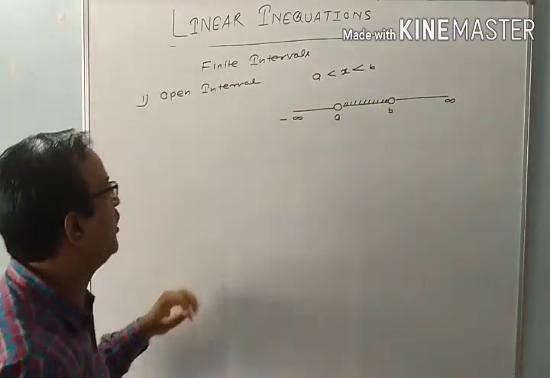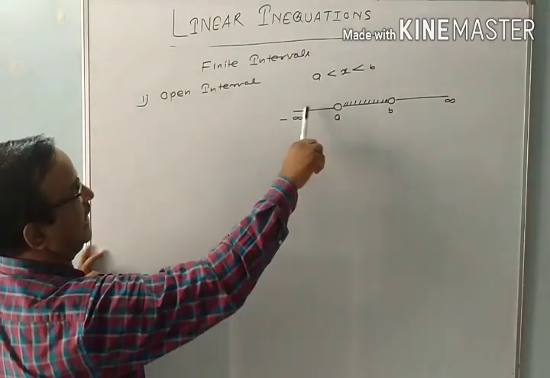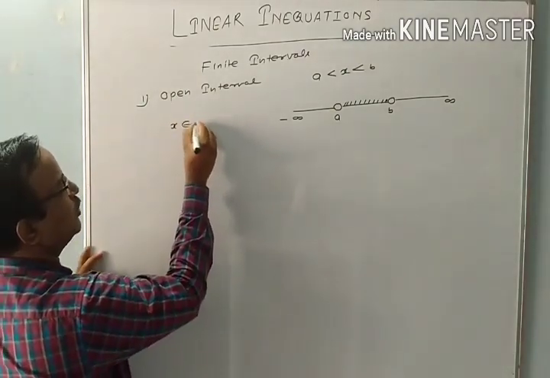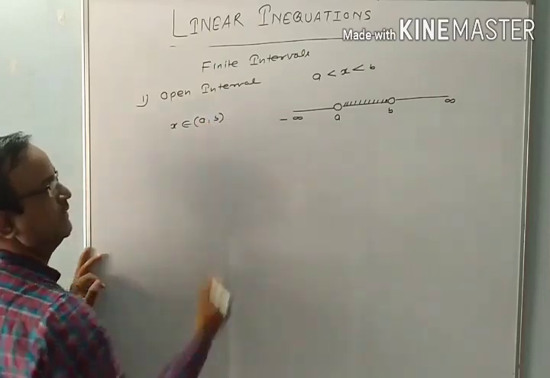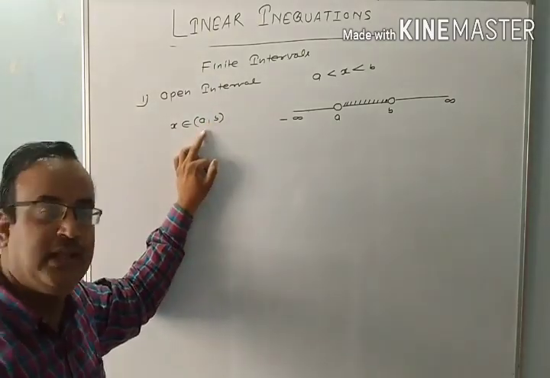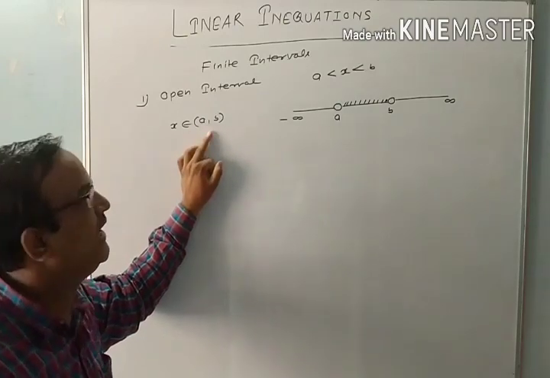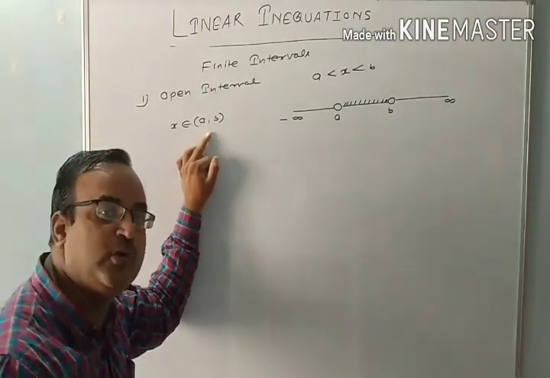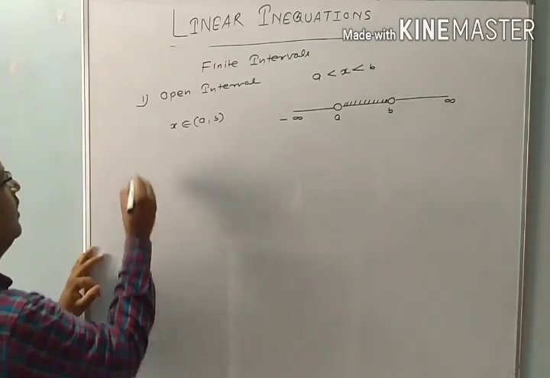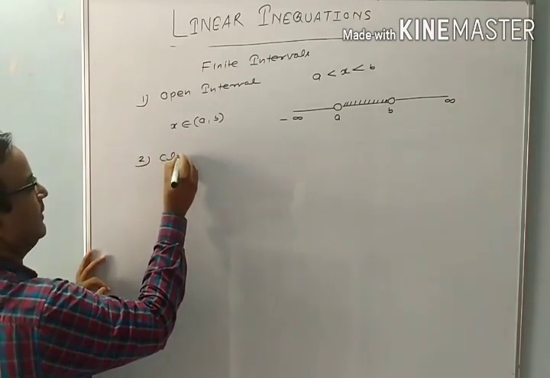Clear? And now the second notation: we write x belongs to (a, b). Open interval. Okay, this is called open interval. We use a small bracket. The value of x lies between a and b, but x is not equal to a and not equal to b.